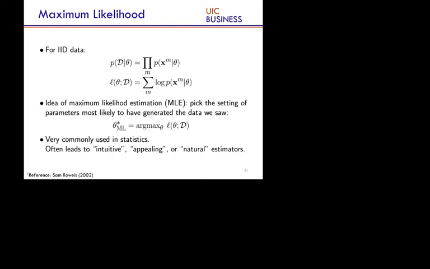The probability of seeing m data points is the probability of the first data point being x, the second data point being x, and so on. It's just the product of all those probabilities. That's what independence means, and log likelihood is written that way. Maximum likelihood is all about setting the parameters most likely to have generated the data that we saw. So given the data, you want to set the theta that is the most likely to generate it.